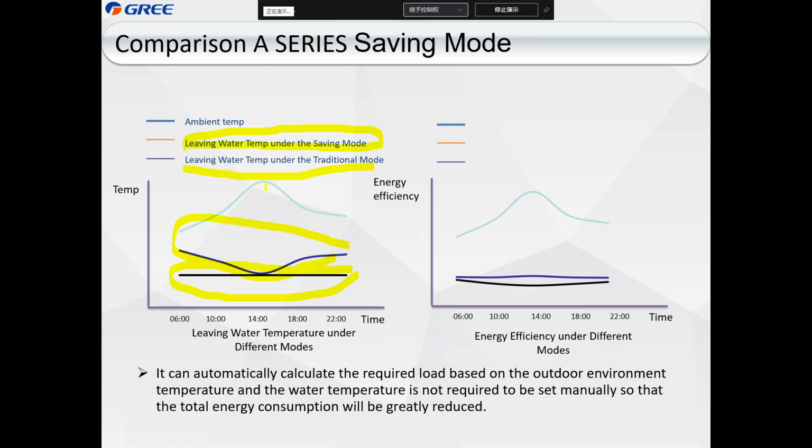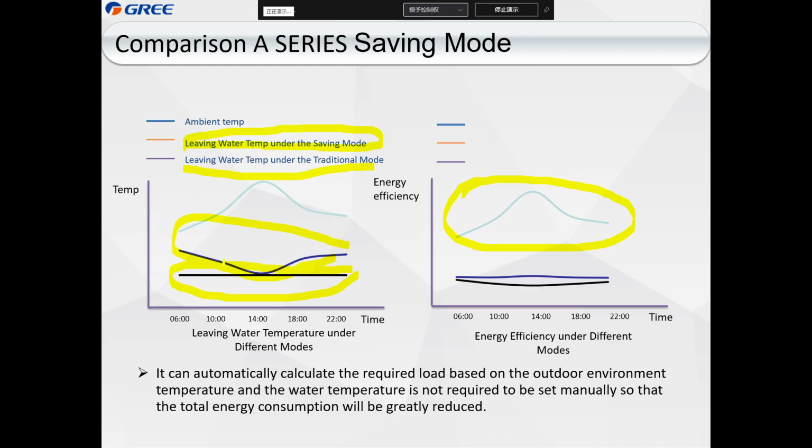And this one is the ambient temperature. So we can see that the living water temperature can change as the cooling load changes.